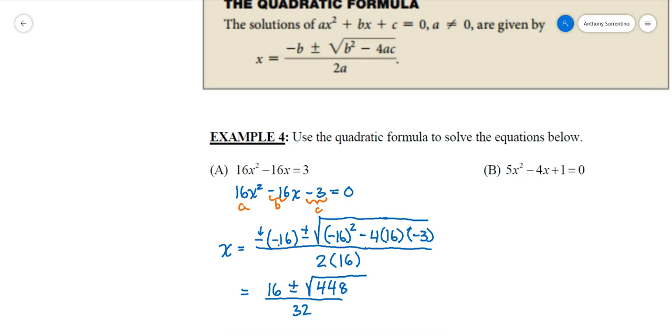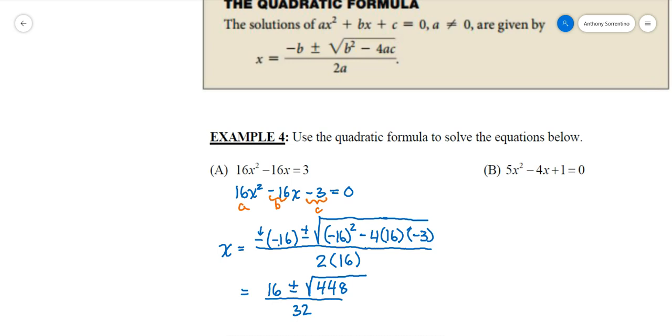Now, you should definitely explore and see whether or not 448 is a perfect square. You quickly find out it isn't. And here's where we go into some of the rules we had used before. We didn't focus any major attention on them, but I want to be able to simplify this.